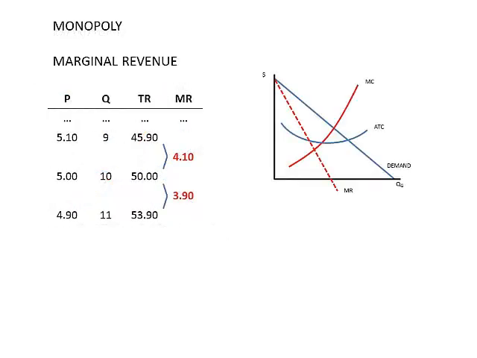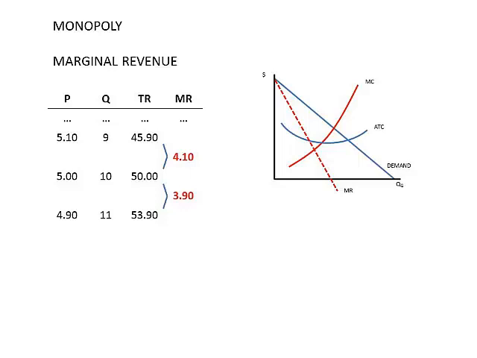Now you can see in this numerical example that if the price is $5.10, the monopolist can sell 9 units. And if we multiply price and quantity, we get total revenue equals $45.90. Now, if the monopolist would like to sell a 10th unit, then they would have to lower the price to $5, not just for the last unit, but for all units. And therefore, total revenue will be equal to 5 times 10 equals 50.